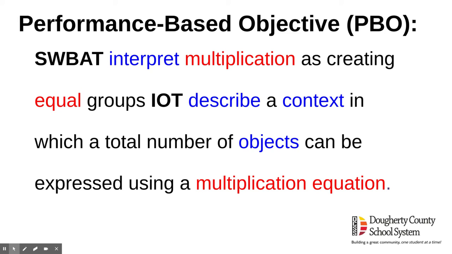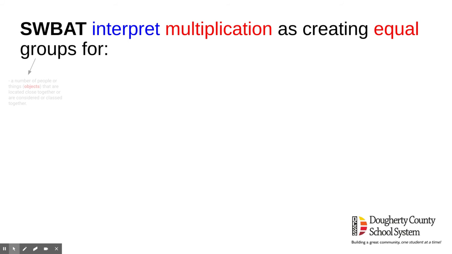Interpret multiplication as creating those equal groups. And again, I've seen this, I've done this where we provide them the definition, right? And we tell them that multiplication is repeated addition, and we tell them that equal is exactly the same amount or same value.